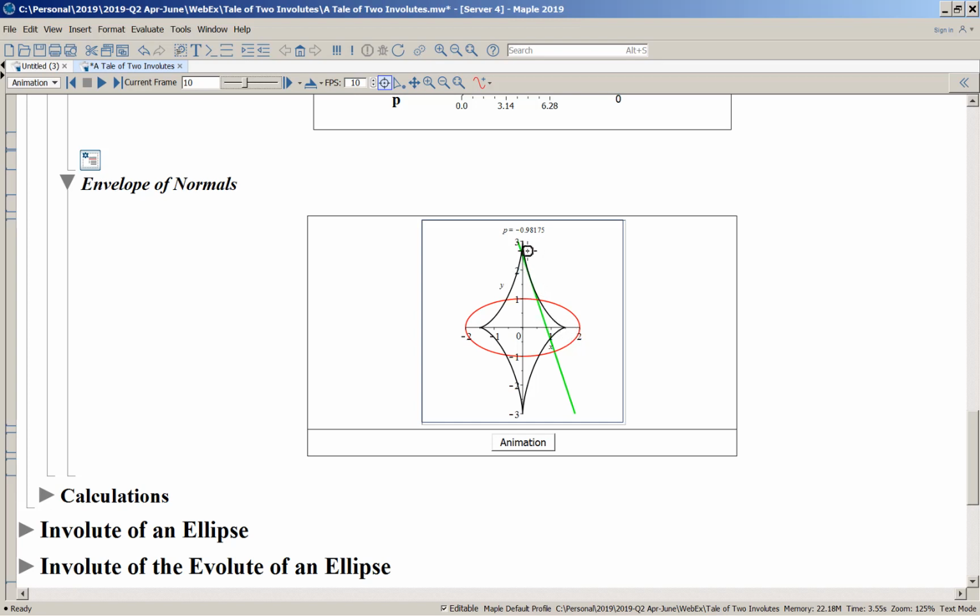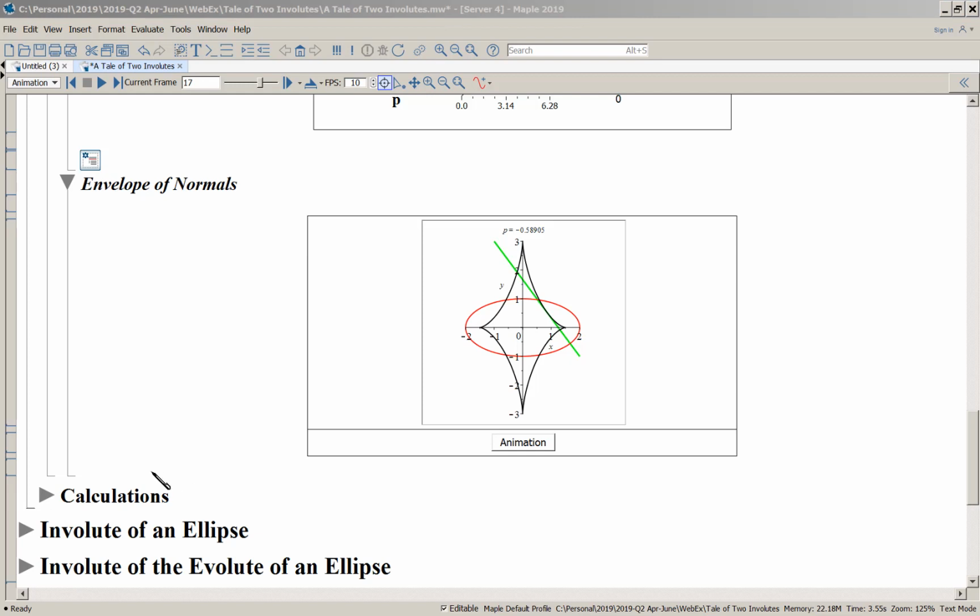The portion of the evolute here in black is an envelope of this family of green normal lines. Okay, so two alternate descriptions of an evolute, and a picture to show what this really means.